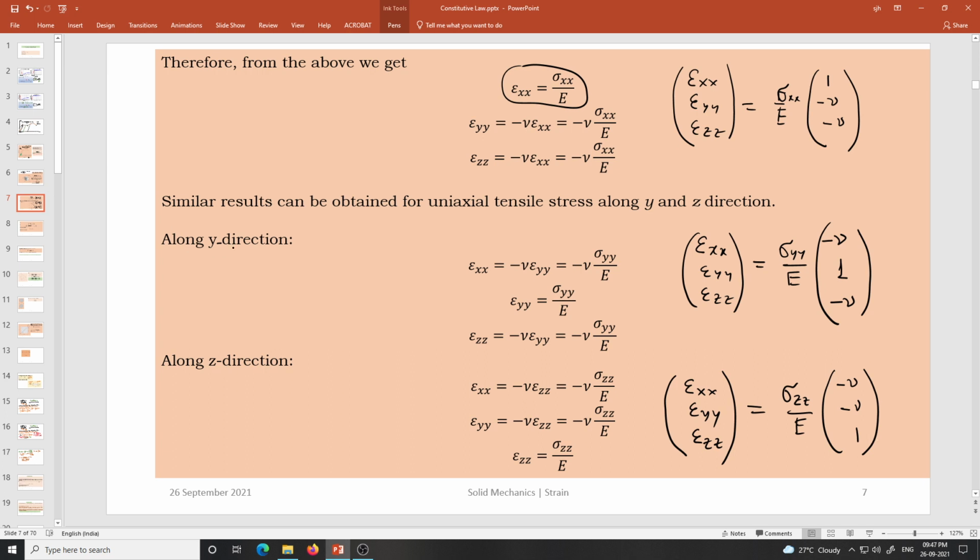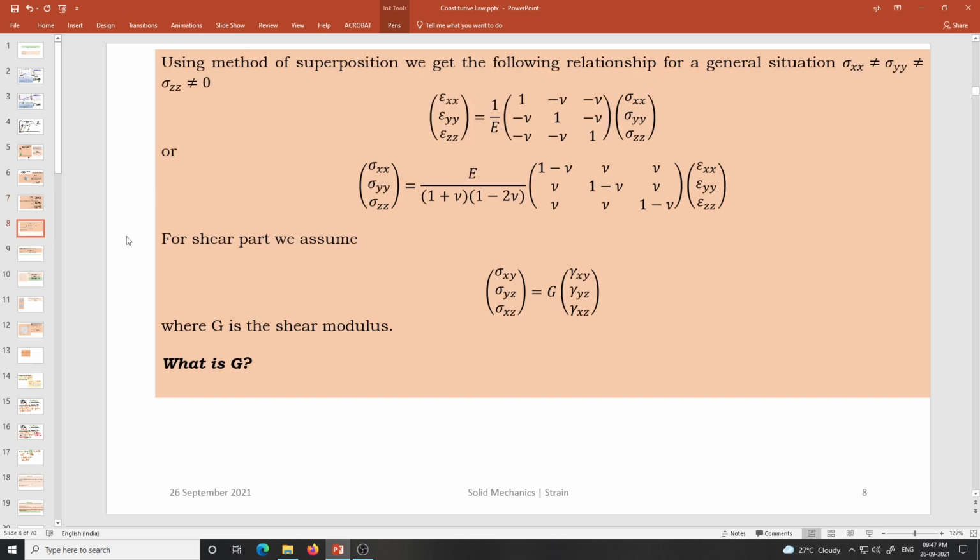Now let us see what is happening when we have all the stresses which are different from 0.